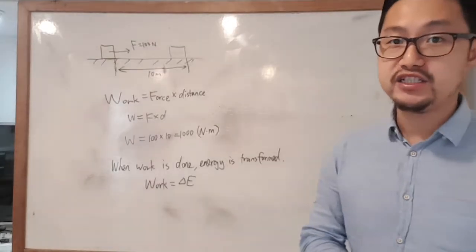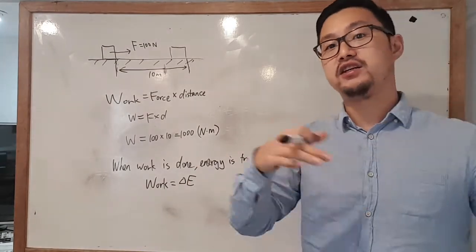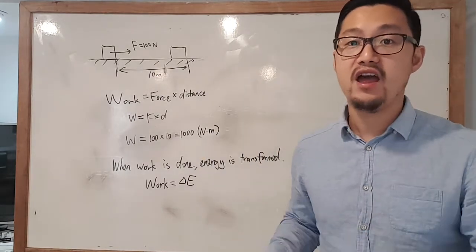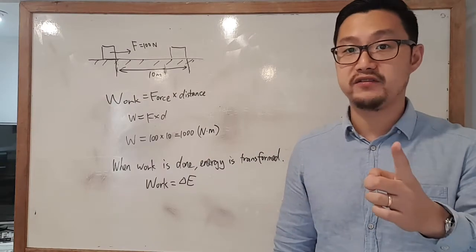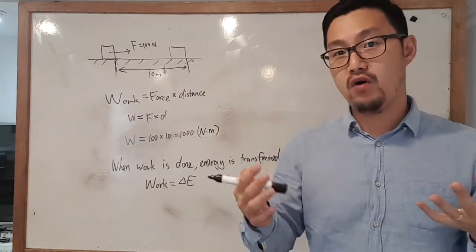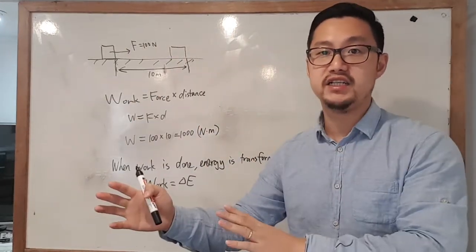We talk about energy change, like gravitational potential energy turning into kinetic energy and back into gravitational potential energy. How does energy change from one form to another? There is always a force involved, and this force has to act for a certain distance to create work. And this work done by the force will equal the energy transformed.